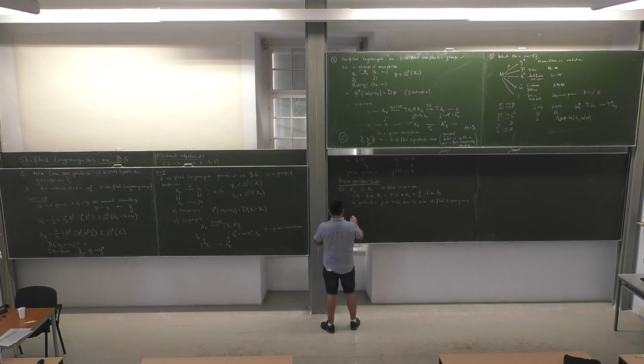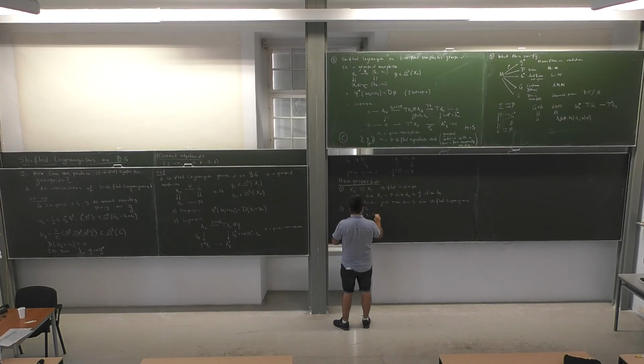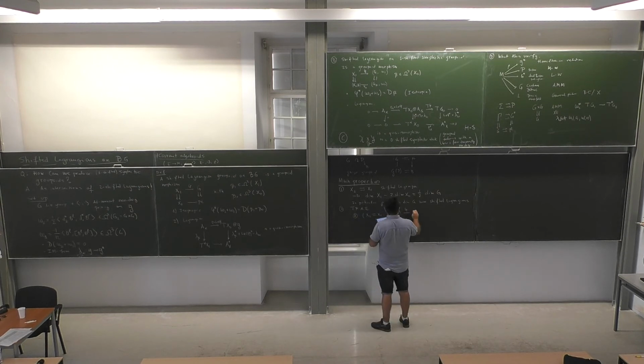Second, the following are equivalent. The following are equivalent. This one, this x1, x0, beta 1 plus beta 0 inside phi G is shifted Lagrangian.